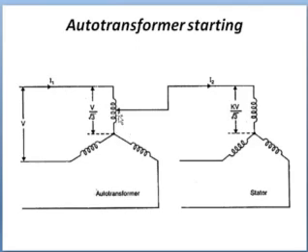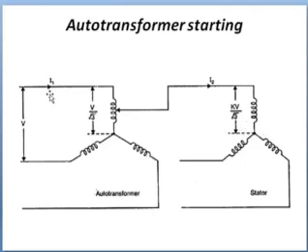Then the secondary output voltage will be k times the per phase voltage, V by root 3. So if the voltage across the motor is reduced by k times, then the current will also be reduced by k times in the secondary.